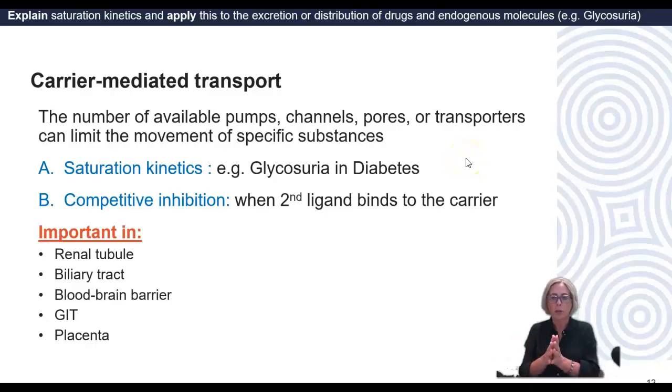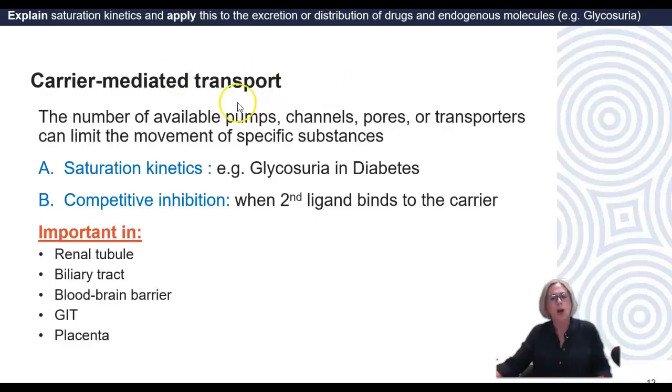When there are an equal number or more pumps available compared to the particular substance that needs to be transported, all of that substance will get transported. However, if the level of substance exceeds the number of available transporters, then some of that substance will not be transported because there's literally insufficient number of pumps to do it, okay?